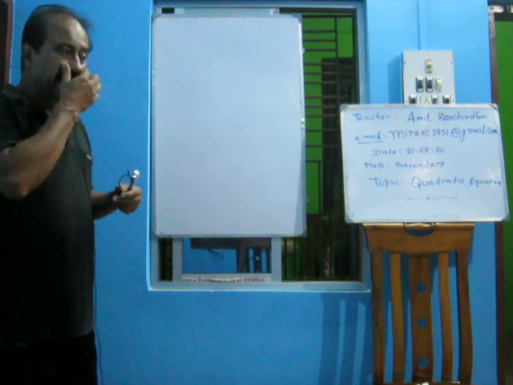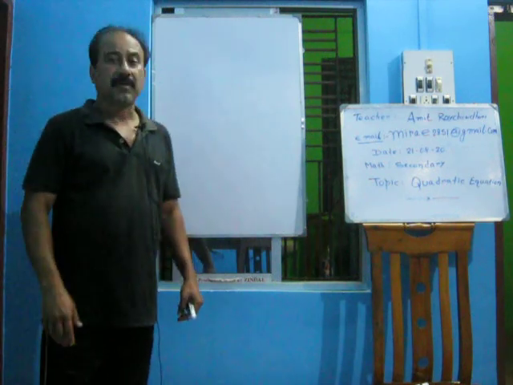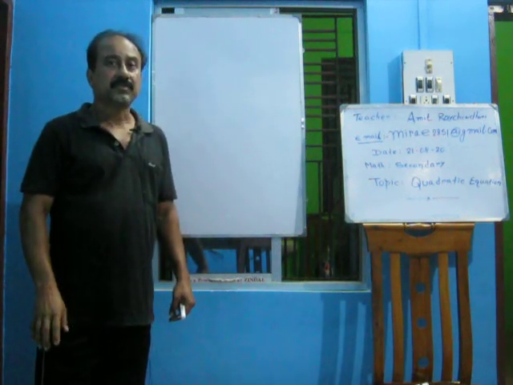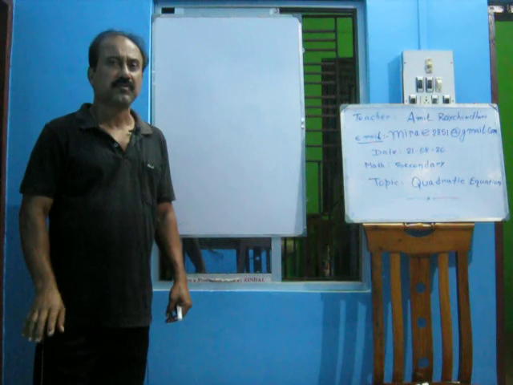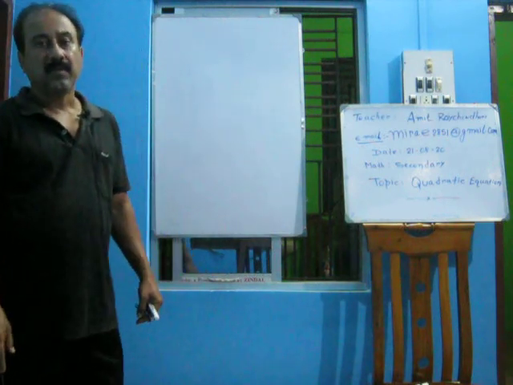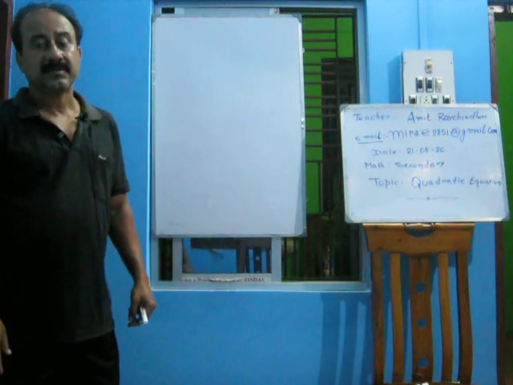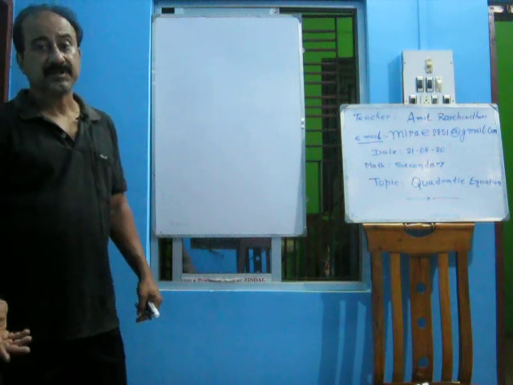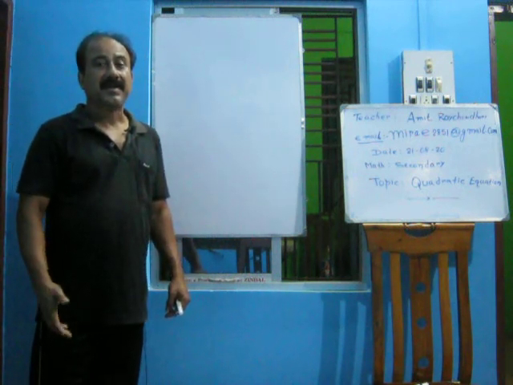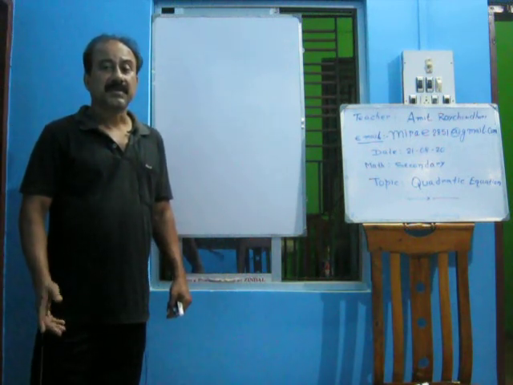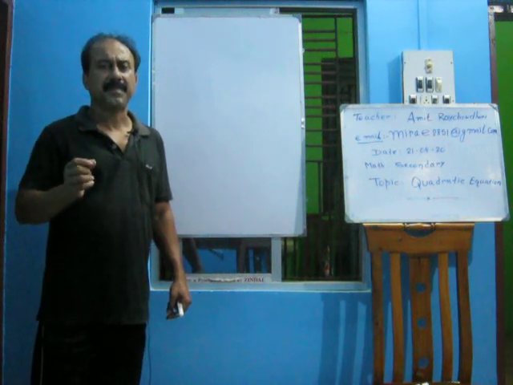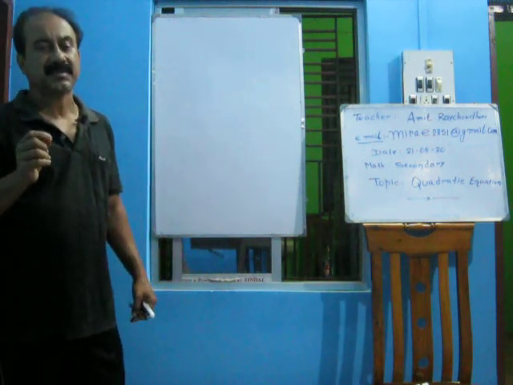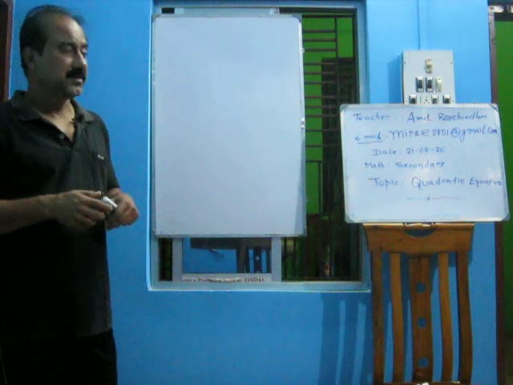Because in secondary level math, I have seen that students normally get pressure from two or three chapters especially. One is quadratic equation, one is similarity from geometry, and another is trigonometry, where sometimes the math of height or distance gives some trouble to the students.